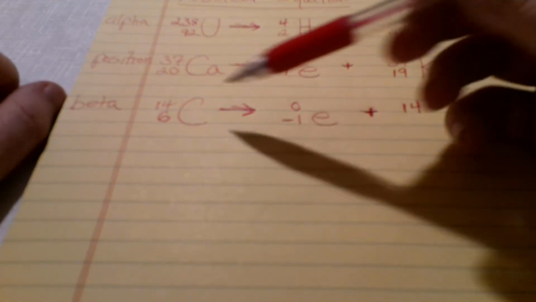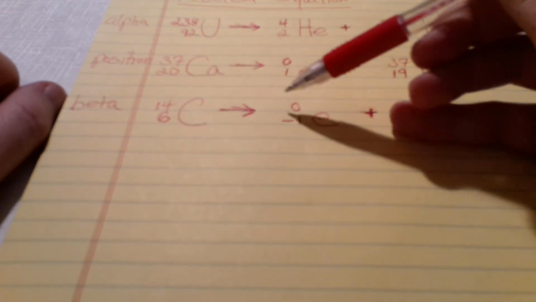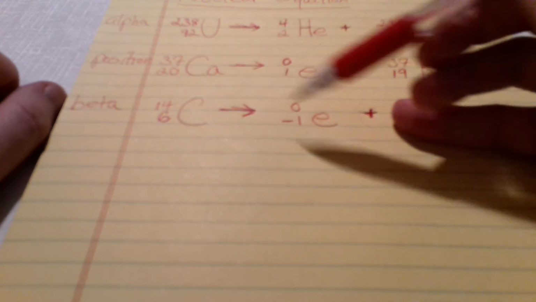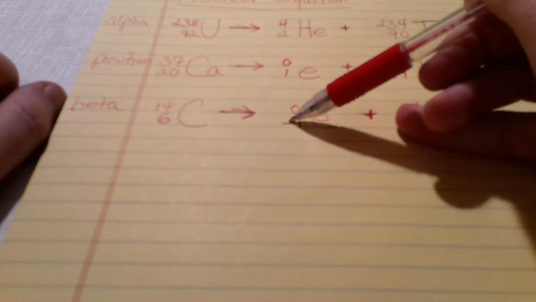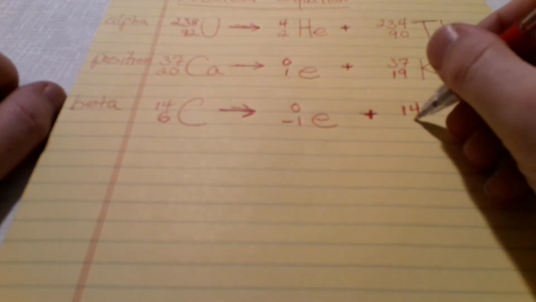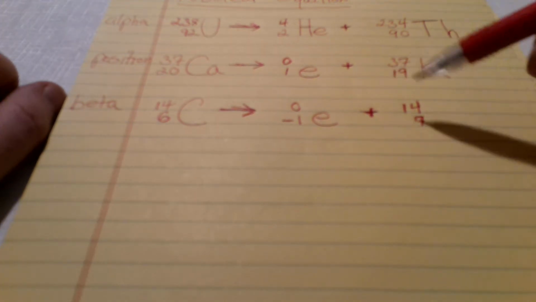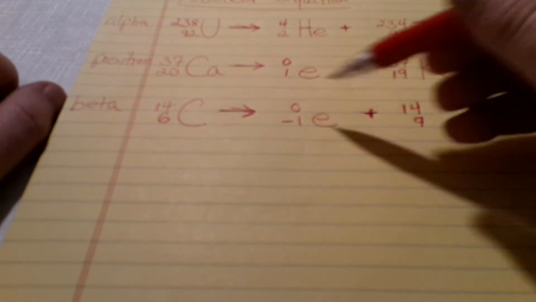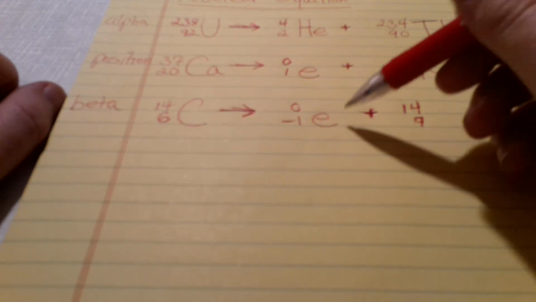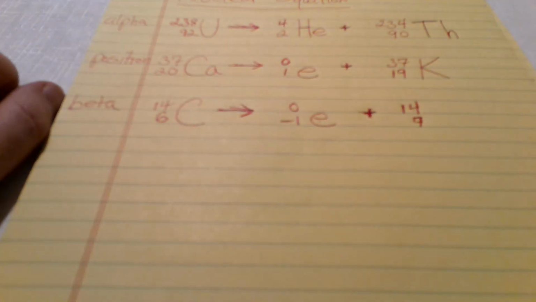Now, here's the tricky part. The 6, we are losing a beta particle. We are losing a -1. So 6 minus -1 gives us 7. Working our way backwards, 7 plus -1, or 7 minus 1, equals 6.